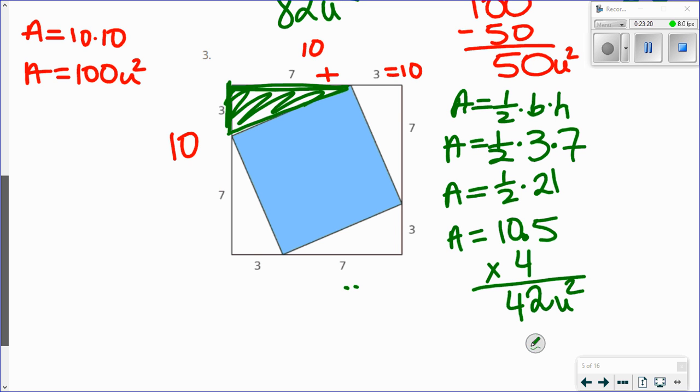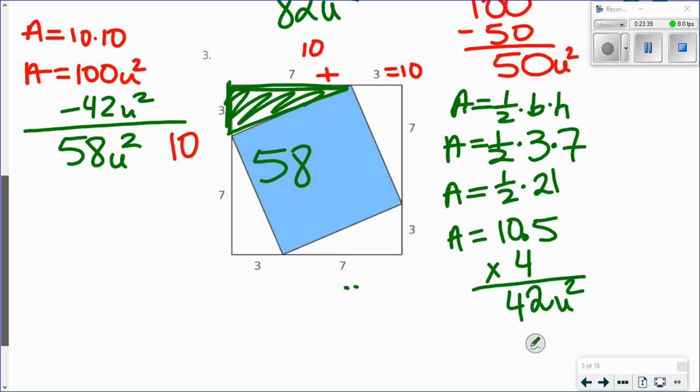So I'm going to take away that 42 square units from my total, my 100 square units, subtract them, right? And we know when we do 100 minus 42, we get 58 square units for our blue space, or for our blue square in the inside.